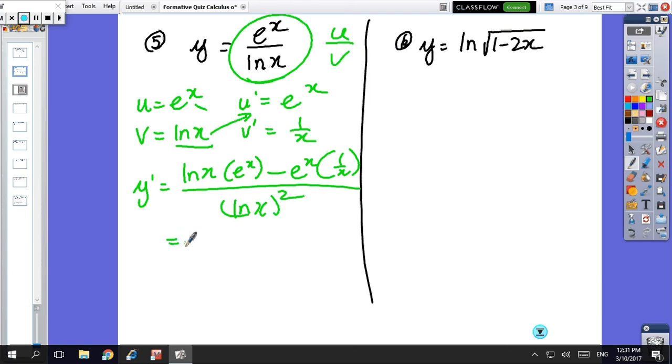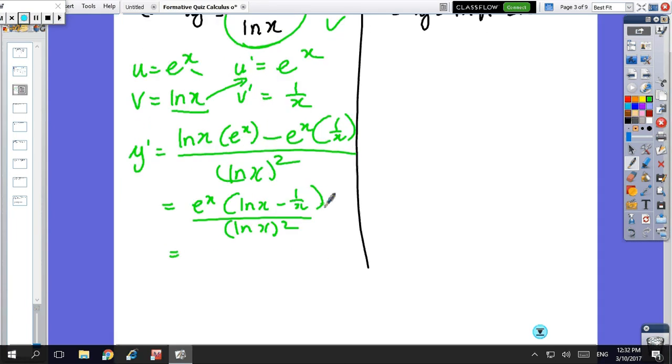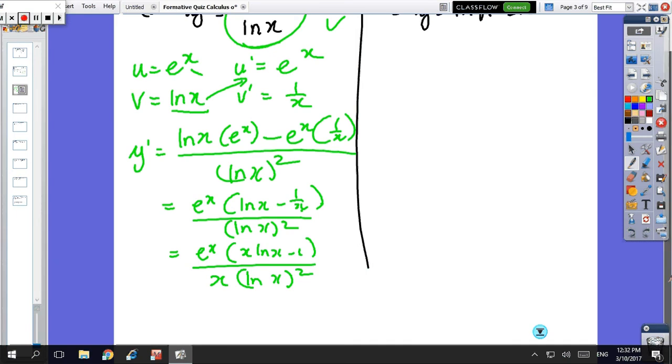We can take e to the x out, so we've got log x minus 1 on x over log x squared, and that's pretty untidy because you've got a fraction inside a fraction. So what we'll do is we'll multiply everything inside the bracket by x, so we end up with x log x minus 1, and then the x comes to the bottom. Okay, that's pretty straightforward.